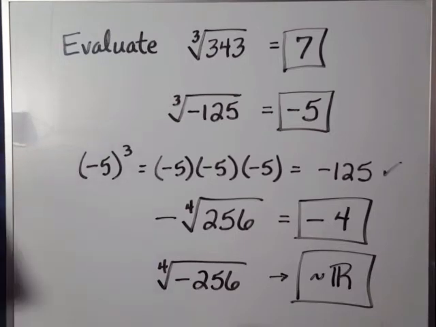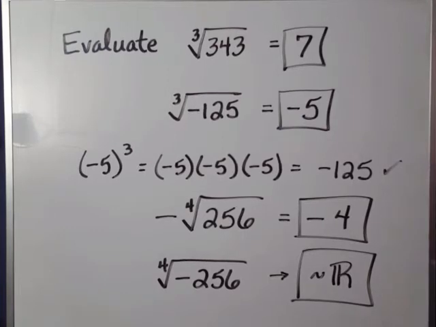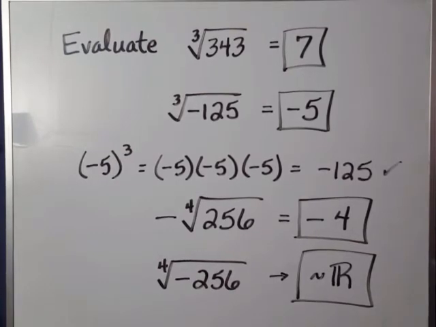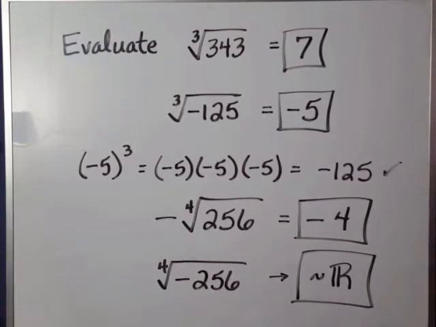Like I said, next semester we'll come up with a way to handle this in what's called imaginary numbers, and we'll explore the world of complex numbers. But for now, we're sticking with real numbers, so the best we can say, the even indexed root of a negative is not real.